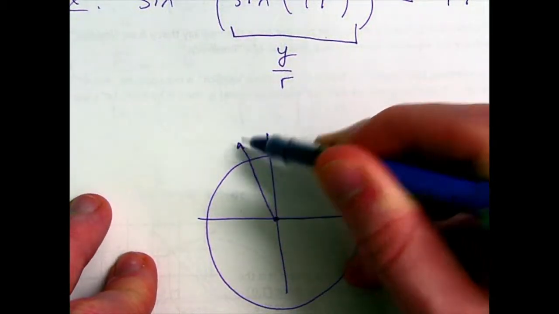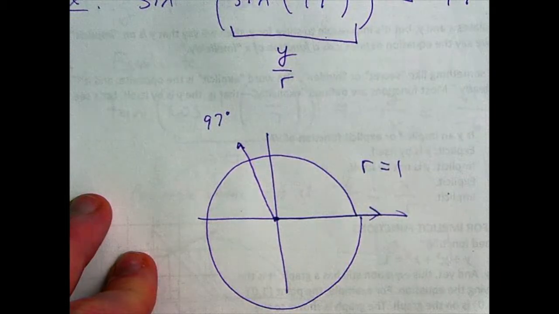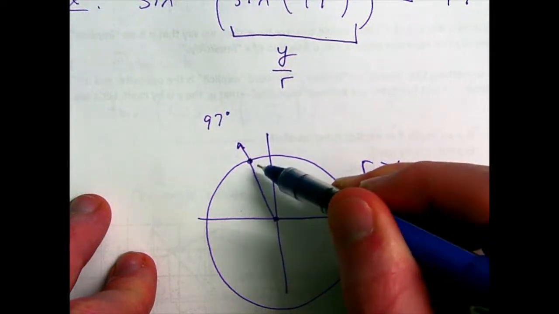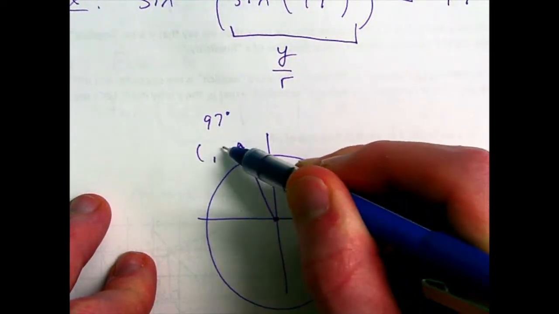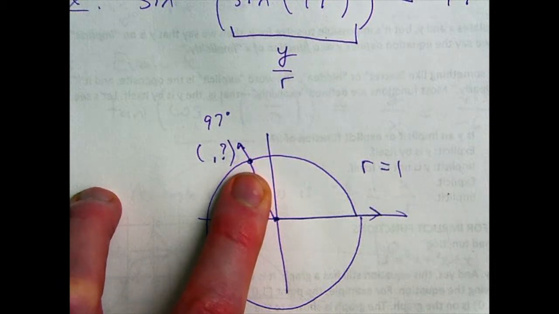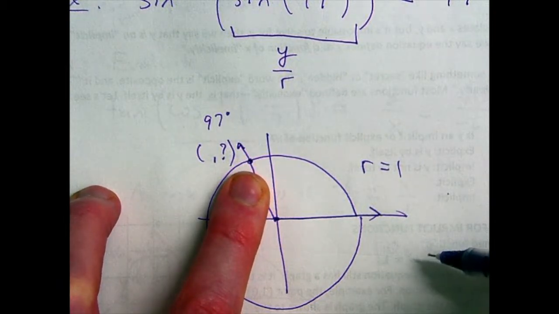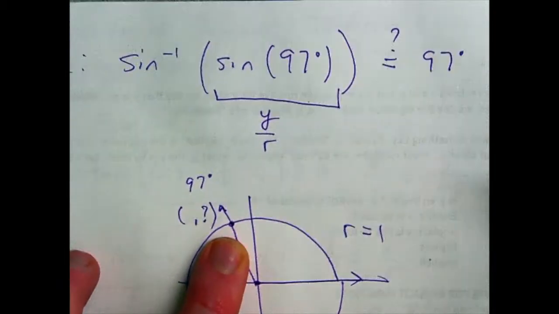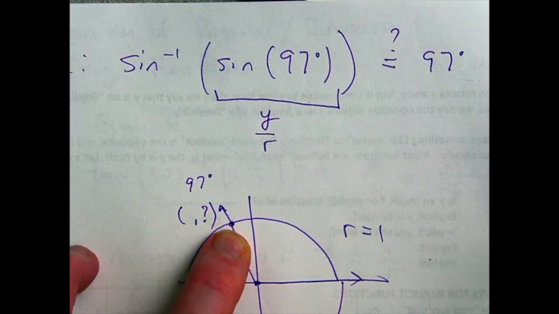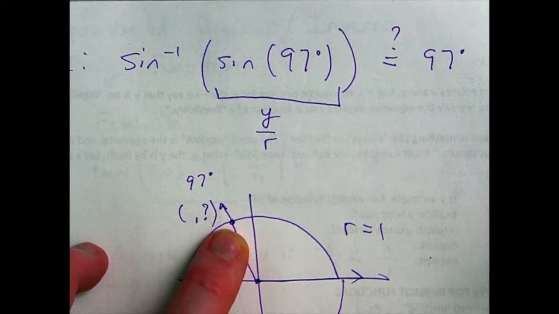And the sine of 97 degrees is the y-coordinate of this intersection point. Technically, it's y over r, but since r is 1, it's just the y-coordinate. I don't know what it is, but whatever it is, it's just some number.